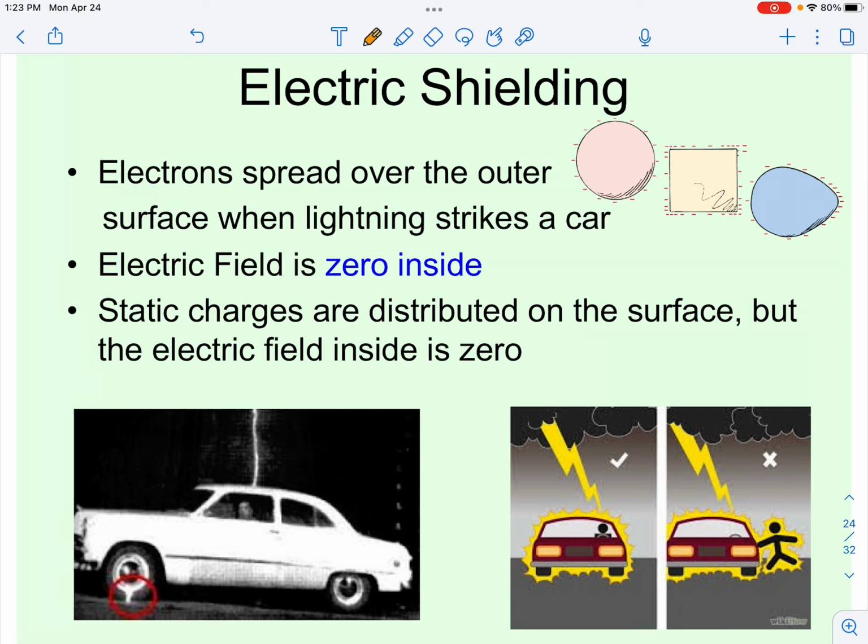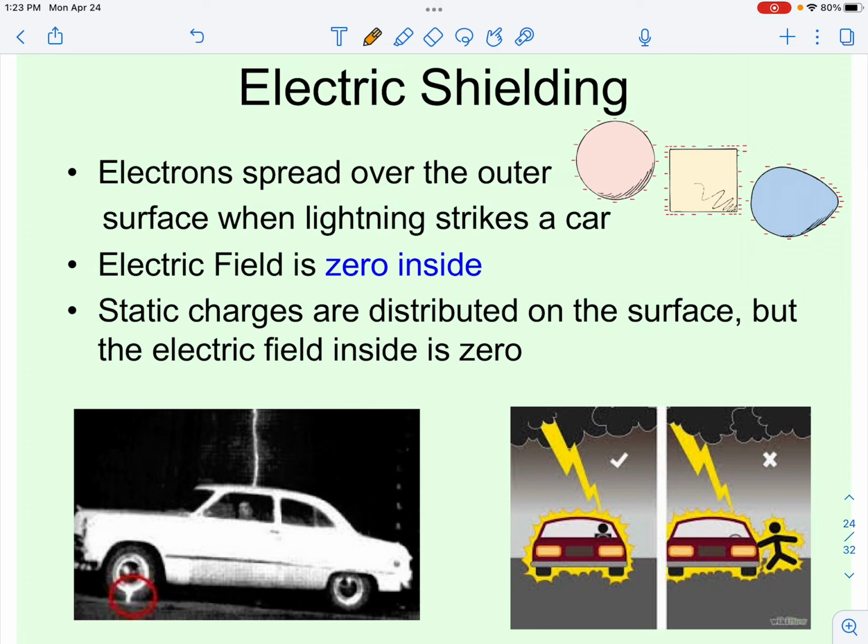People can be struck by lightning while driving their vehicle and have zero damage to the person. Now, in order for this to be a true statement, the person needs to be safely located inside of the vehicle. In theory, the windows should be up, the doors should be closed, okay?